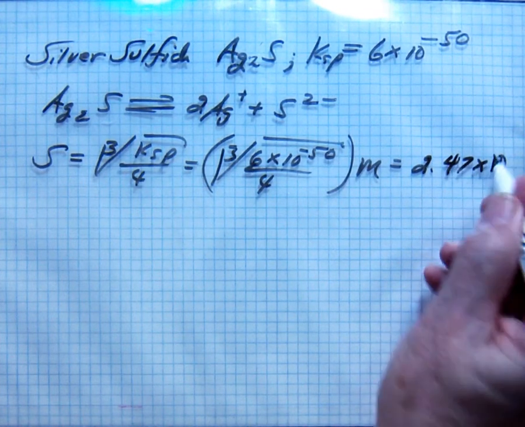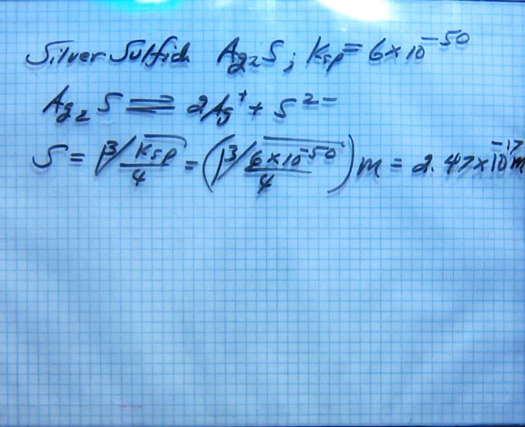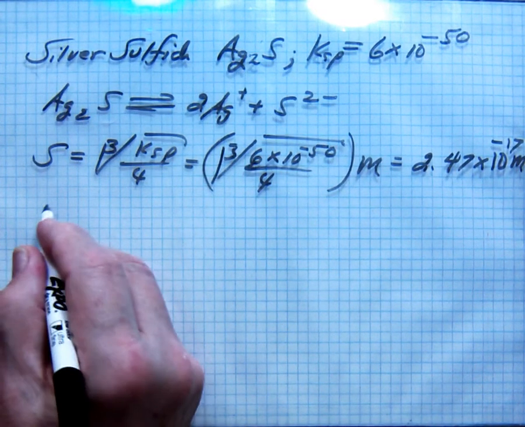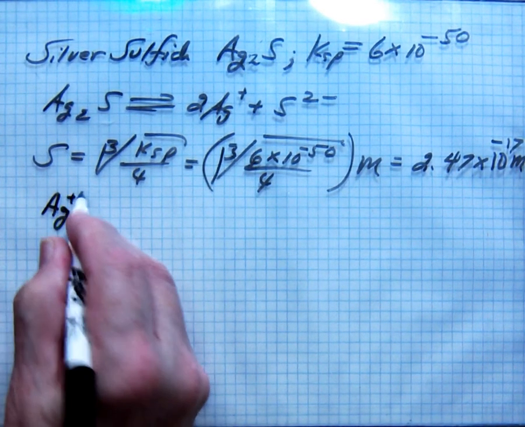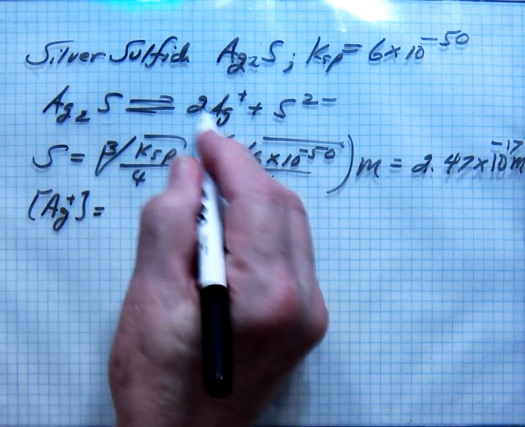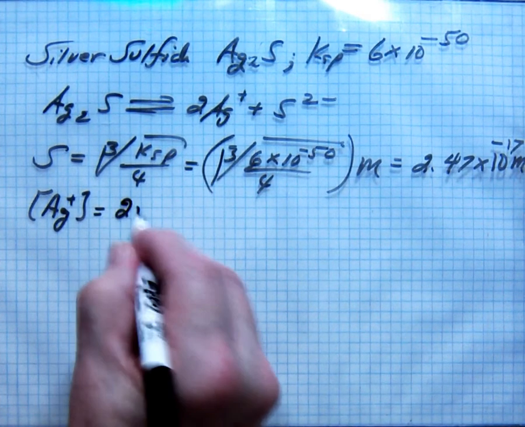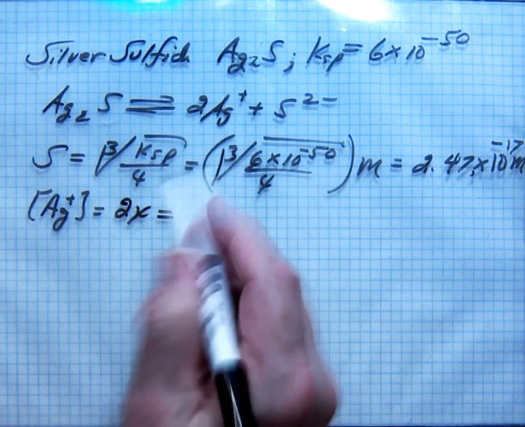That's 2.47 times 10 to the minus 17 molar. So that is the solubility of the salt itself, the compound. That's how much of the compound breaks down. The concentration of silver ions is 2 moles delivered. So if X is 1 mole, we'll have 2X. We'll have to double this solubility.